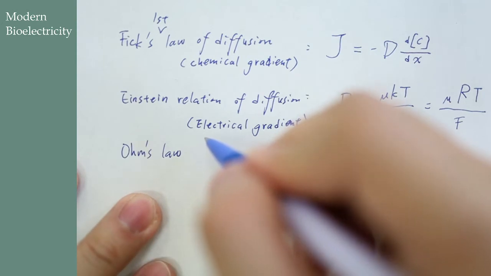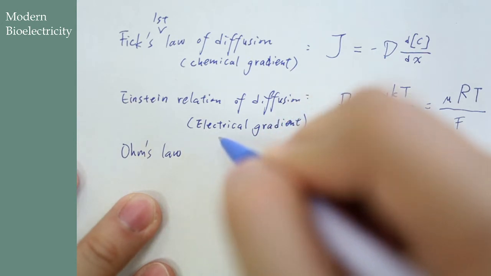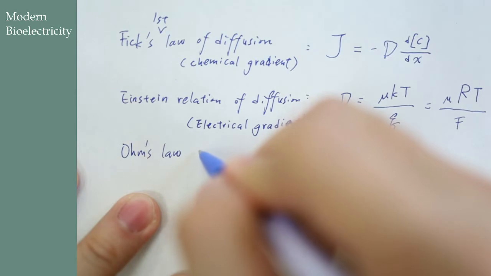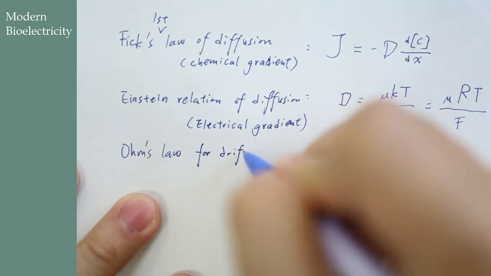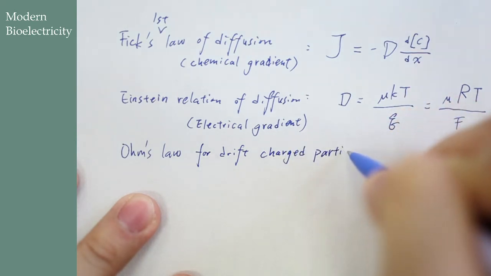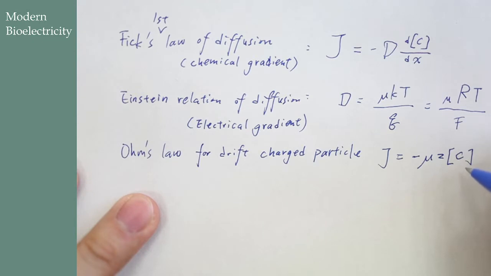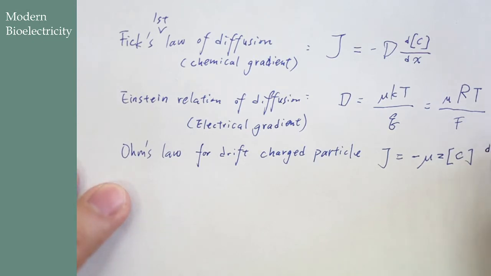Not the Ohm's law V equals IR, but Ohm's law for drift of charged particles: the flux equals minus mu z times the concentration of this particle times the voltage gradient.